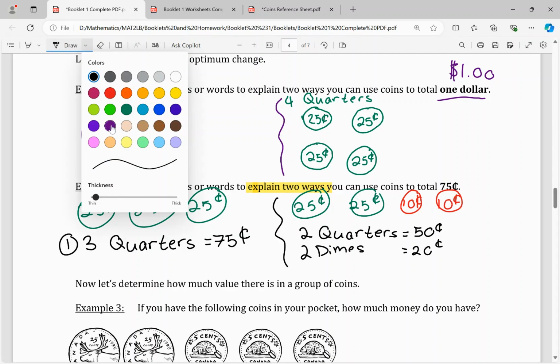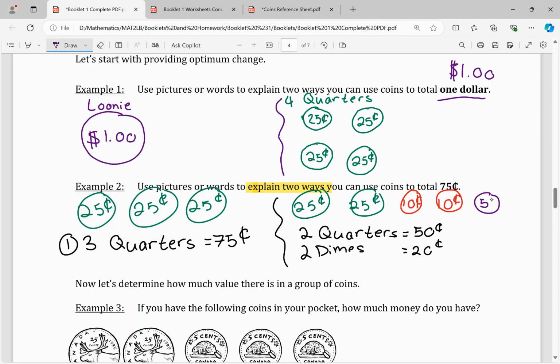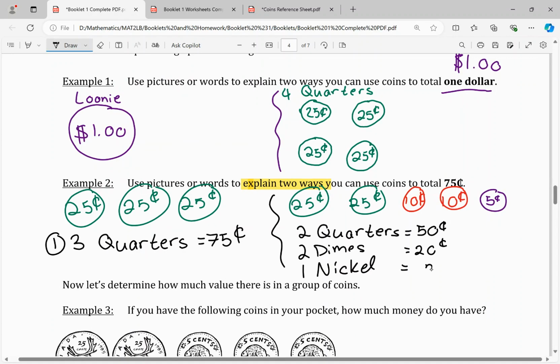Let's use purple for this one. A nickel is 5 cents. So if I add 1 nickel, then I total, and you can use a calculator to help you out here.